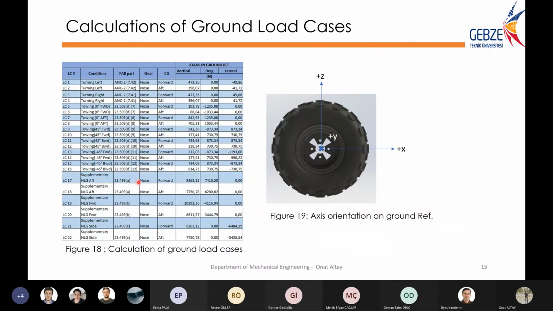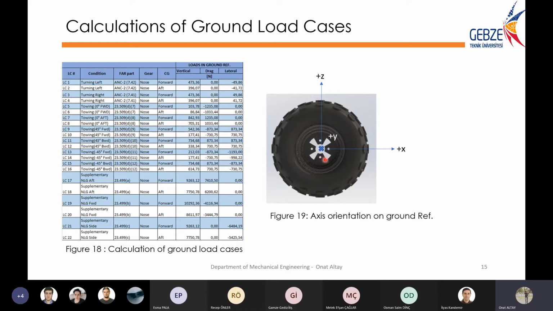Based on the standards, I calculated the loads in the ground reference frame. Here, the vertical direction is in the positive z direction, the drag direction is plus x, and the lateral direction is positive through the screen.